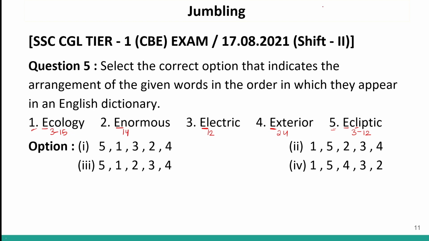So the correct logical order will be, the first will be eclectic. Then the next word will be ecology. Then the next word will be electric.